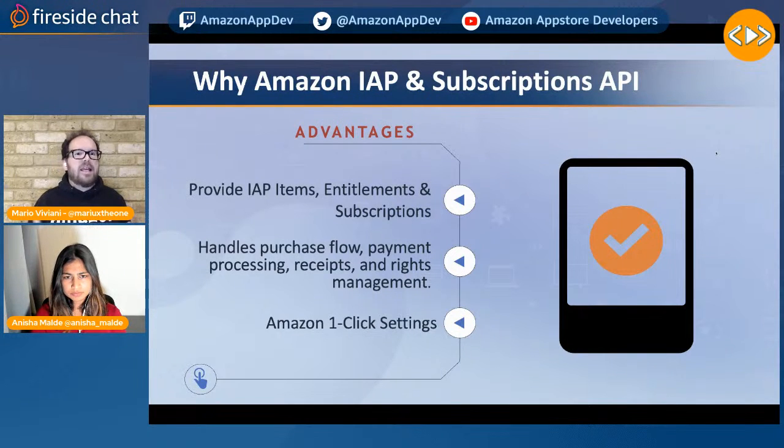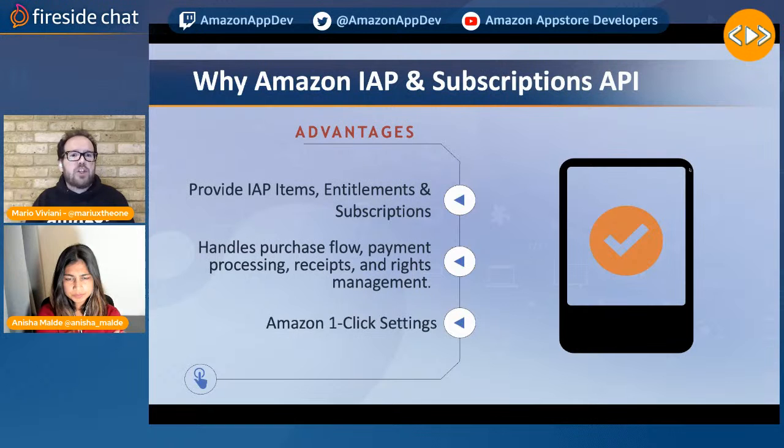And the other great thing is that it leverages Amazon one-click settings when you're making a purchase. So let's think about a situation where a customer is using an Amazon device, let's say a Fire TV or a Fire tablet, and they want to subscribe to something. By using the Amazon in-app purchase and subscription API, the customer is already logged in with their Amazon account and with the payment credentials that they use on Amazon.